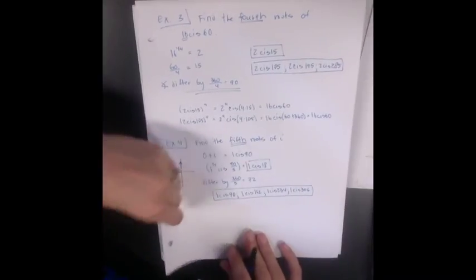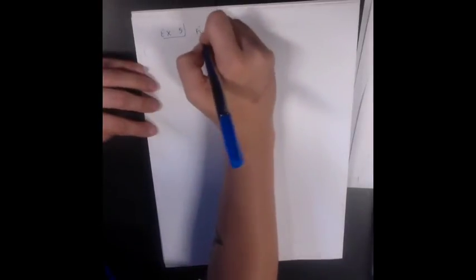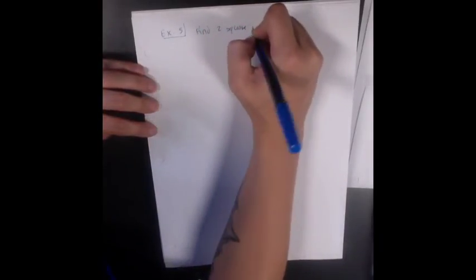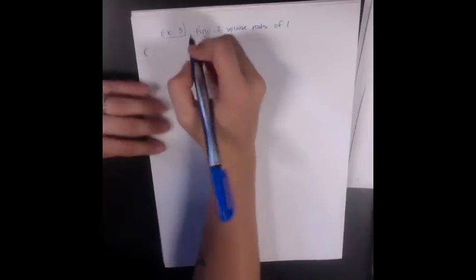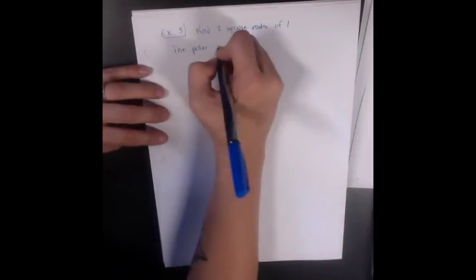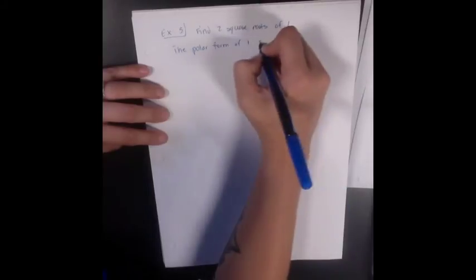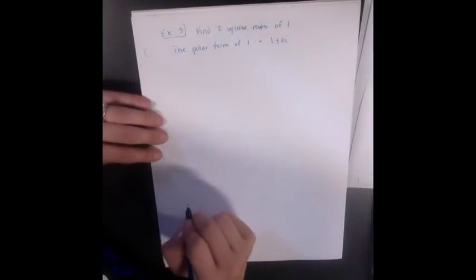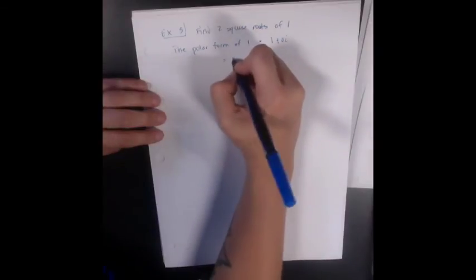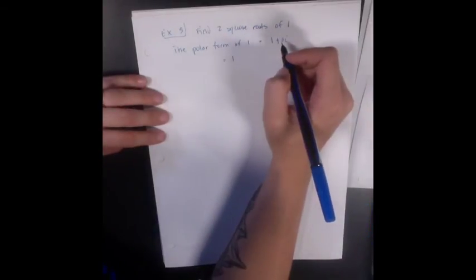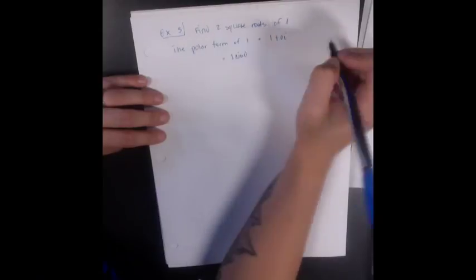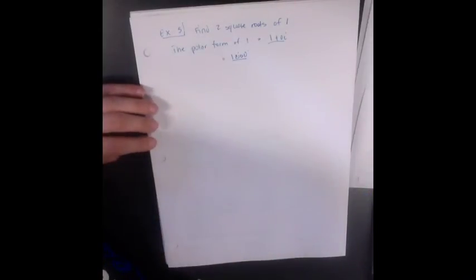All right, let's do some more examples. Example, I think I'm on example 5, maybe 6, I don't know. Find 2 square roots of 1. First we go to the polar form of 1, which is 1 plus 0i in rectangular, and in polar is 1 cis 0.